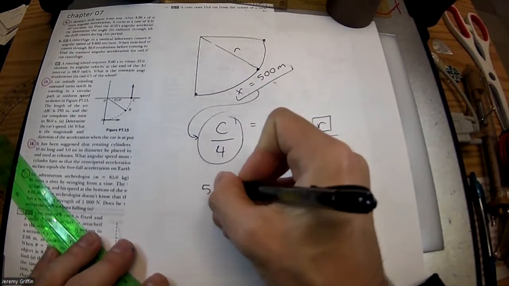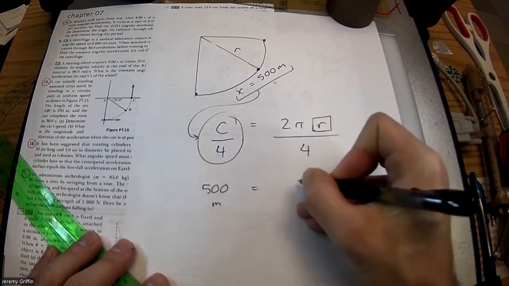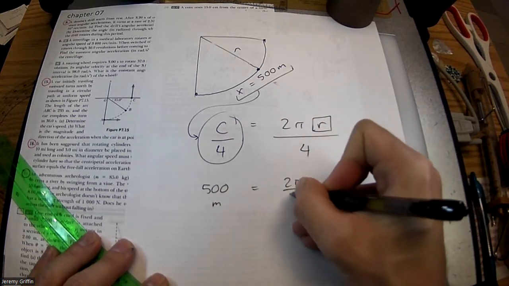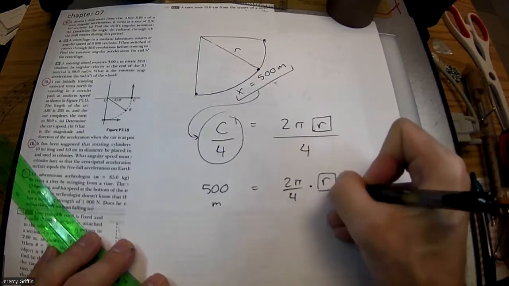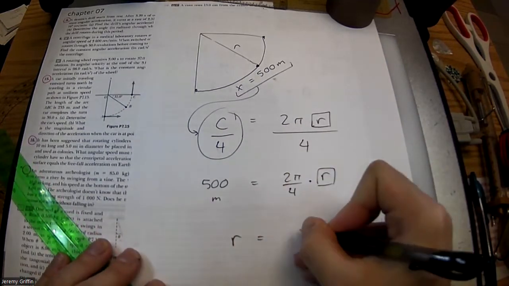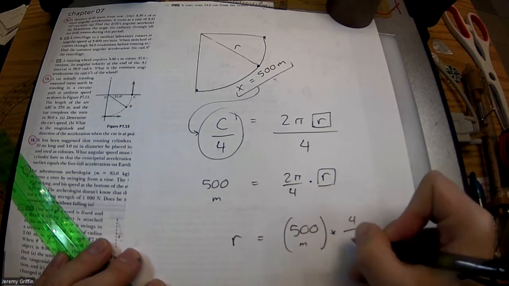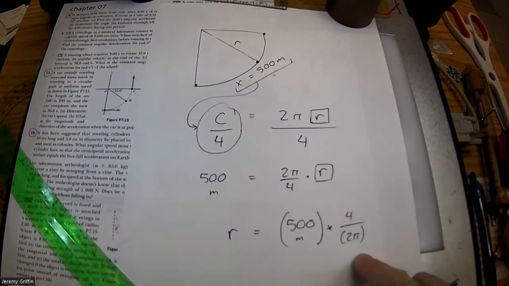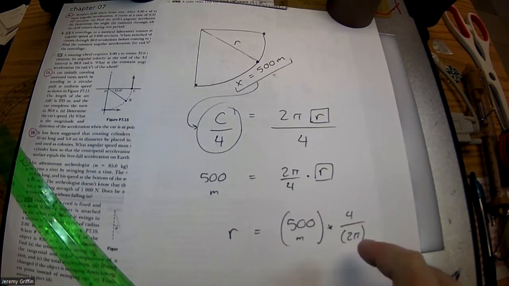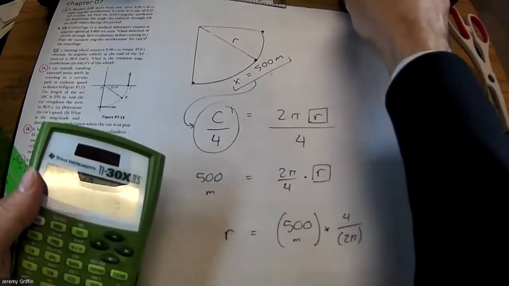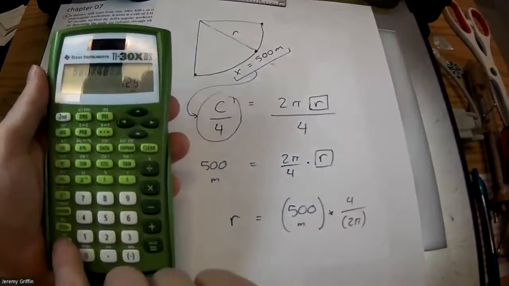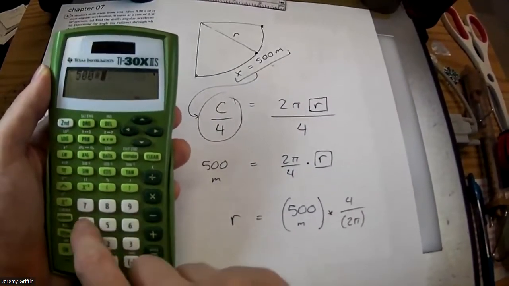So I got 500 meters is equal to 2 pi over 4 times r, and I'm solving for r. So I could take 500 meters, multiply by 4 over 2 pi, some version of that. Is that okay? That can tell me what the radius of curvature is. So, geometry here.